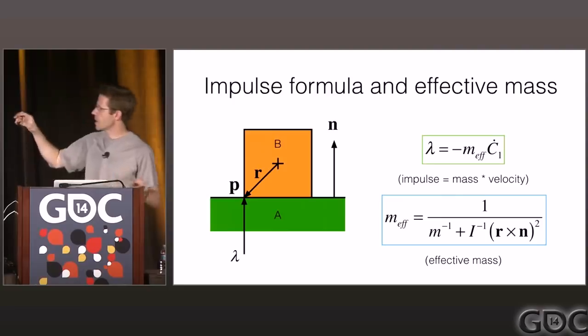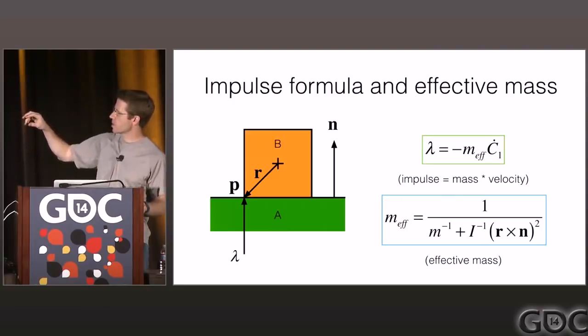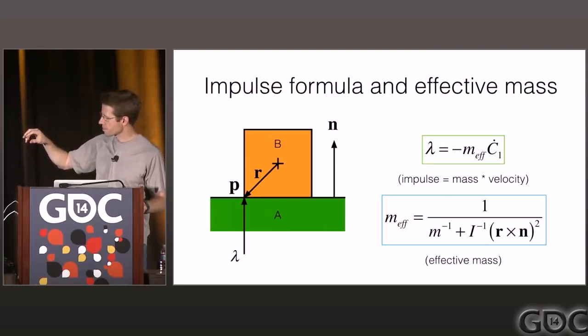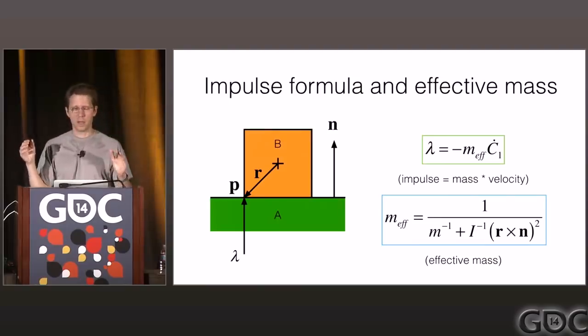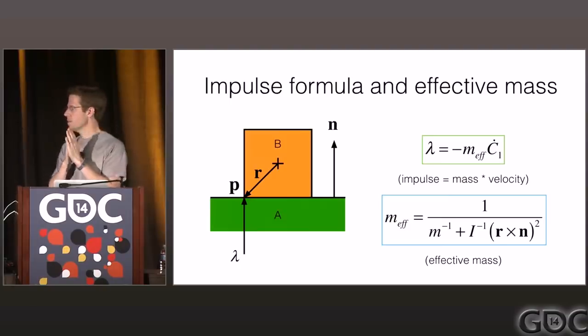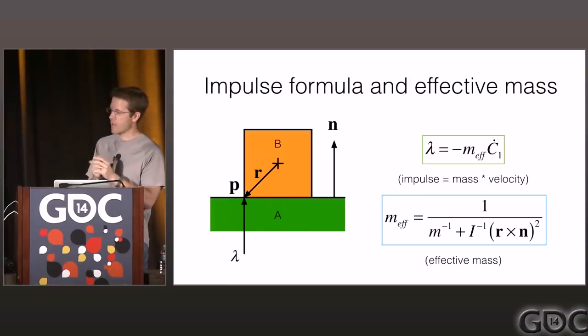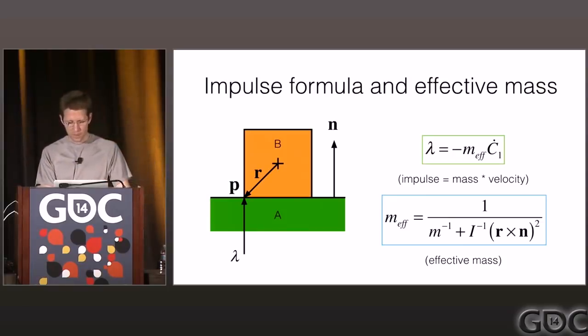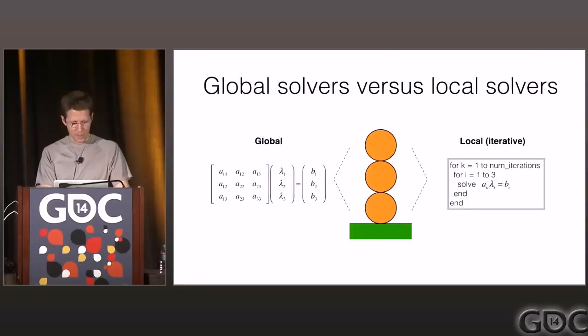And that first term there, called the effective mass, I think of as kind of the mass of the box projected onto that constraint axis. It is kind of the inertial resistance seen by the impulse, and it has units of mass, so that kind of works.